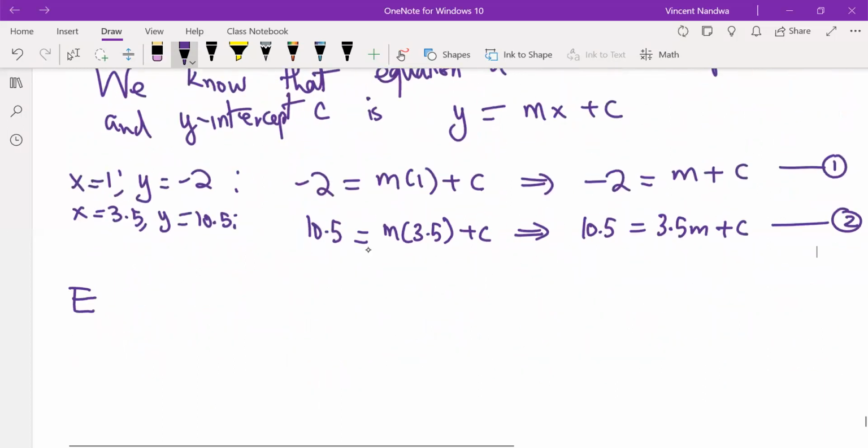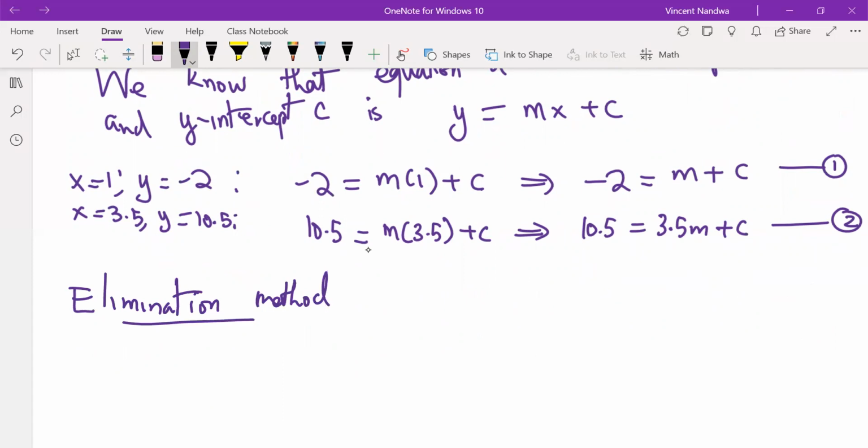Now we can as well use same method, elimination. So we have m plus c equals to minus 2, 3.5 m plus c equals to 10.5.